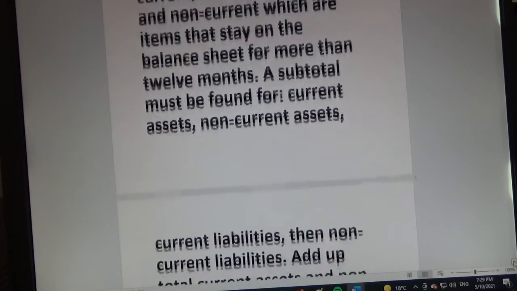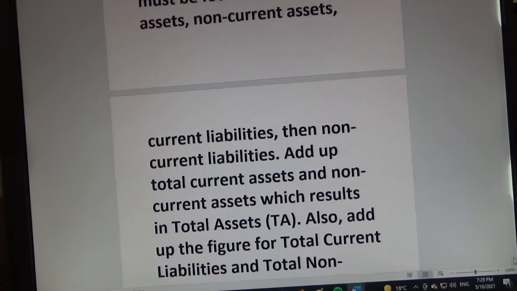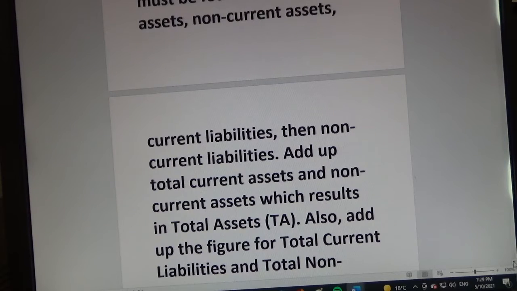In the balance sheet, I'm going to give an example later, but I'll just state that a subtotal must be found for all the items in current assets, total non-current assets, total current liabilities, and total non-current liabilities.